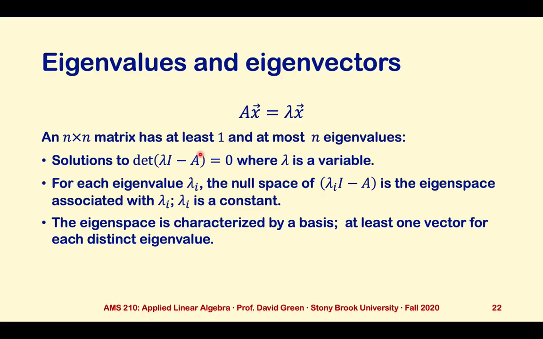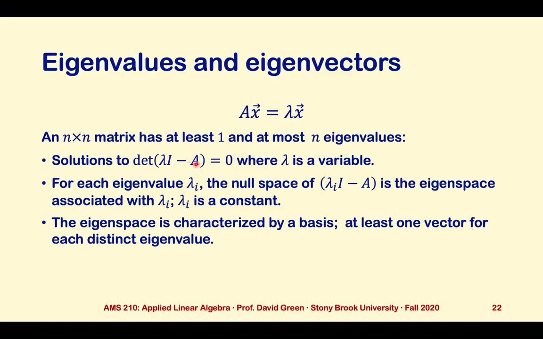We find the eigenvalues as the roots of the characteristic polynomial, this determinant of lambda I minus A, where in this context, lambda is a variable. We derive a polynomial in lambda and solve for its roots.